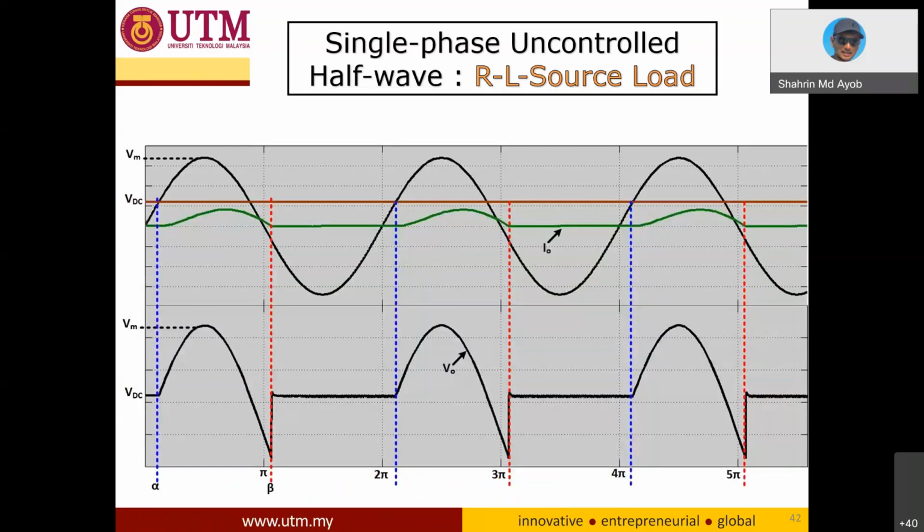Okay, and finally, this is the current. The green one is the current, and finally this one is your V out. So this waveform is your V out.